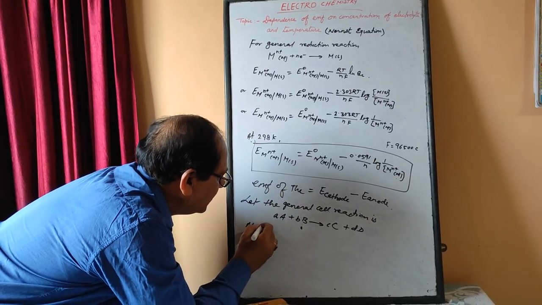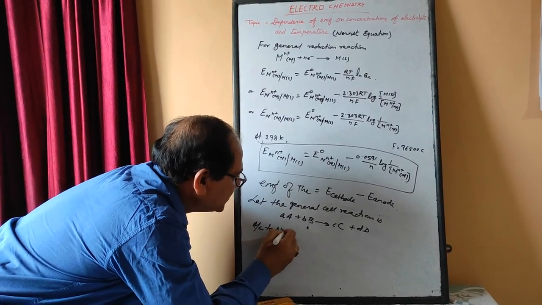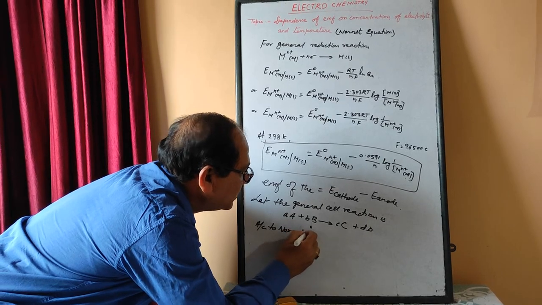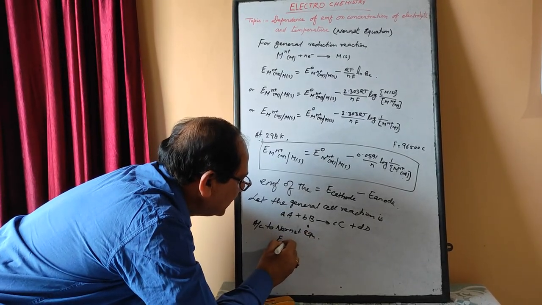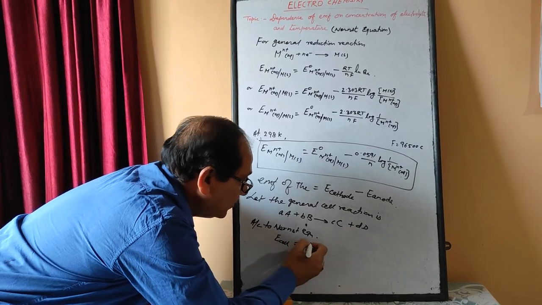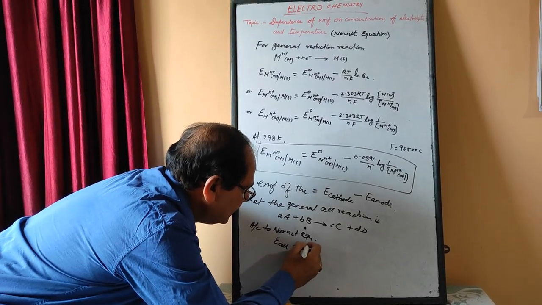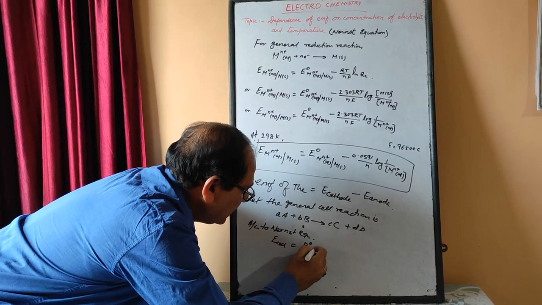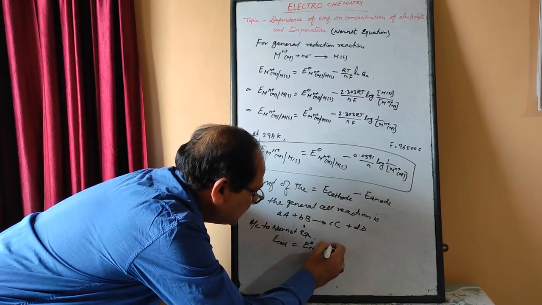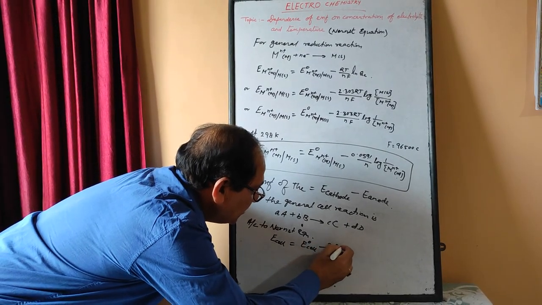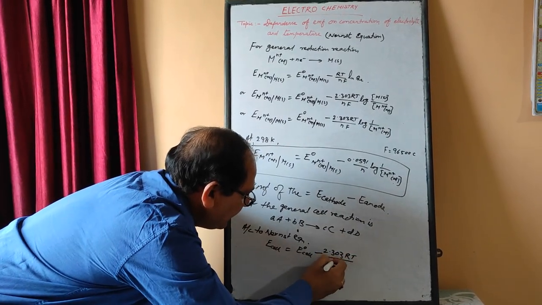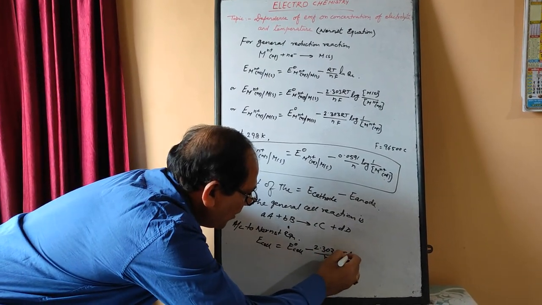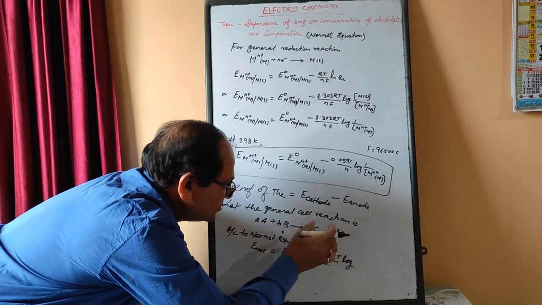According to the Nernst equation, E cell equals E naught cell minus 2.303 RT divided by nF log Qc.